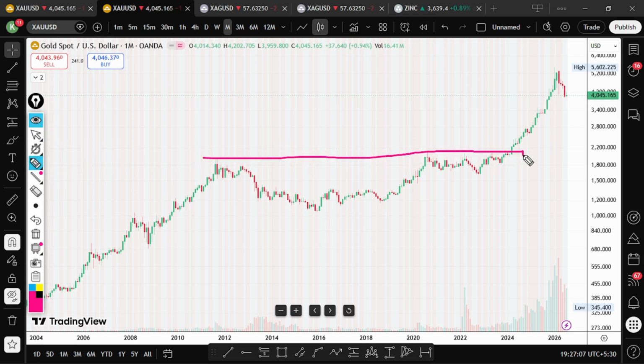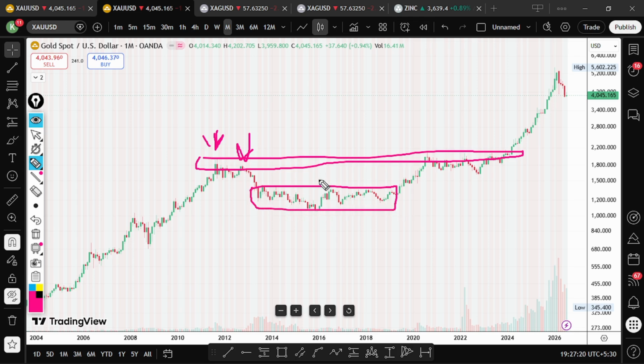As you can see here, there is a clear supply zone, or resistance, where the market came for the first time and took rejection, came a second time and took rejection, then accumulation happened in a sideways range. Again the market came, got rejection, but didn't go all the way down and came back again.